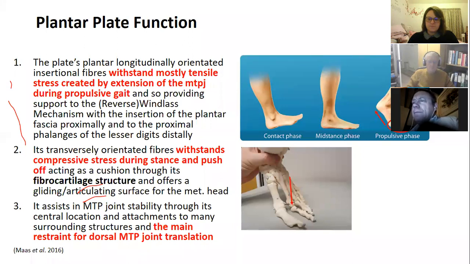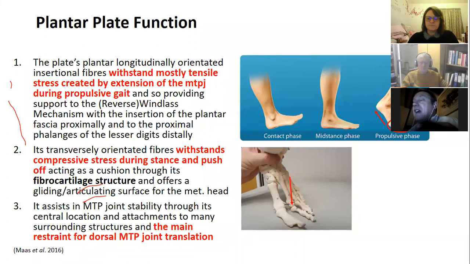But this is quite a force. It really is. And remember, the plantar fascia attaches to the proximal phalanges via the plantar plate. So the longitudinal force, this pulling force that goes through the plantar fascia and the plantar plate has to be resisted. So one of its jobs is to resist tensile stress, of which we do all the time when we walk and stand. Okay, so it has longitudinal collagenous fibers which resist that tensile stress.